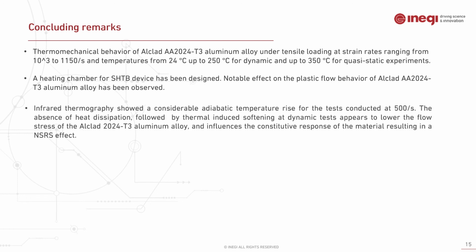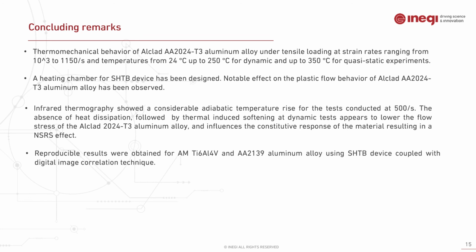Also, using infrared thermography, we recorded a notable adiabatic temperature rise, which appears to cause thermal softening in dynamic tests, resulting in the negative strain rate sensitivity of this material. We also expanded experiments to two different materials, and we obtained reproducible results with these materials.